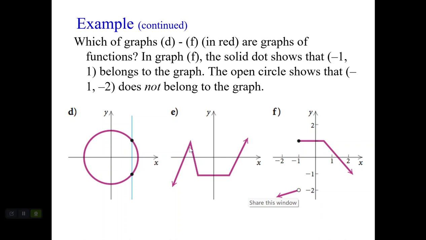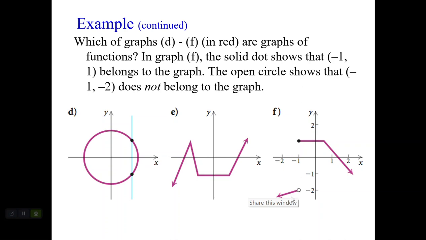This one looks so curly and everywhere, but it is still a function because if you drop a vertical line, it only passes 1 point. Number F is a little bit tricky because if you drop a vertical line, what does this mean? Well, that means passing this solid point. Solid point means included. How about an open circle? Open circle means it's not included.